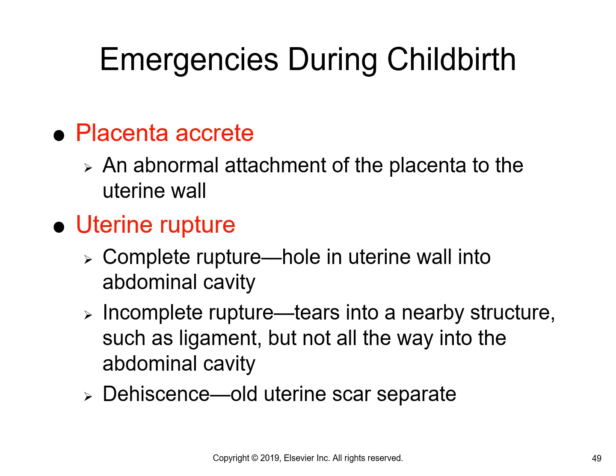All right, and then you have your uterine rupture. The types of uterine rupture are complete rupture, incomplete rupture, and dehiscence. So complete rupture is where there's a hole in the uterine wall into the abdominal cavity. That's why it's called complete rupture. Incomplete rupture is when there's a tear into a neighboring structure such as your ligament, but not all the way into the abdominal cavity.